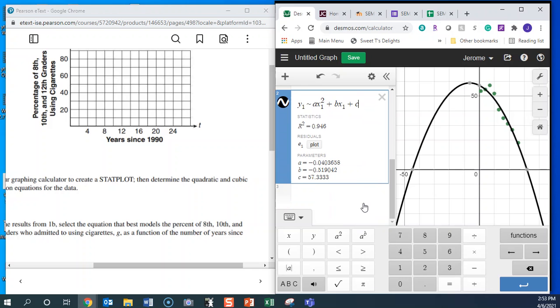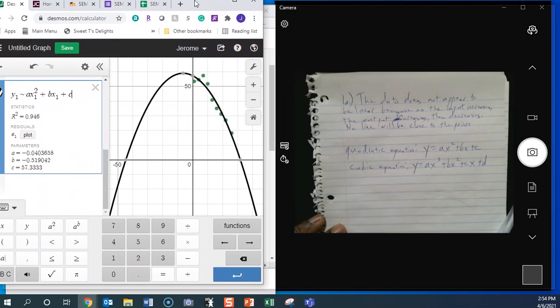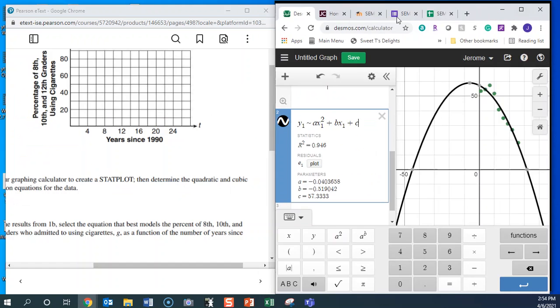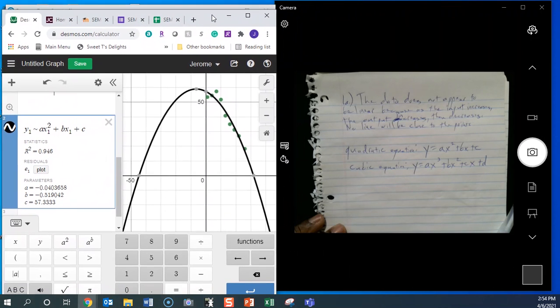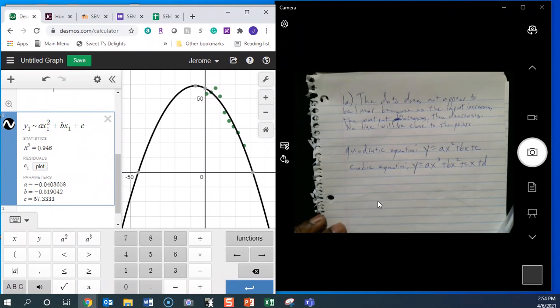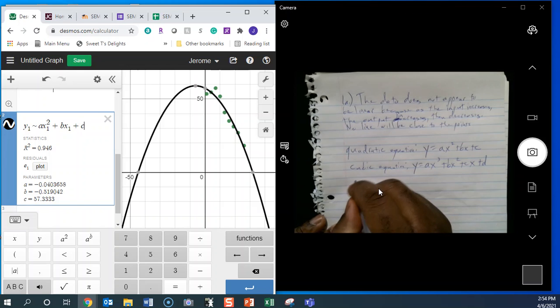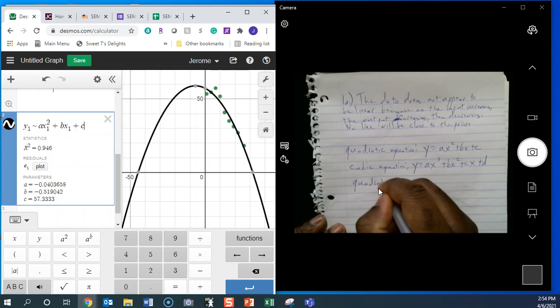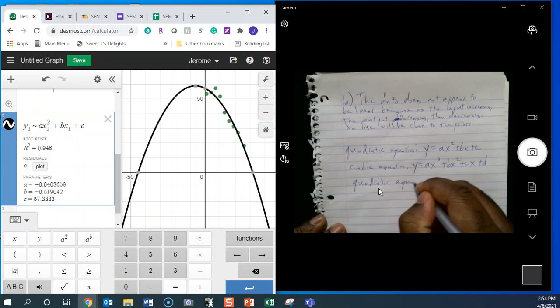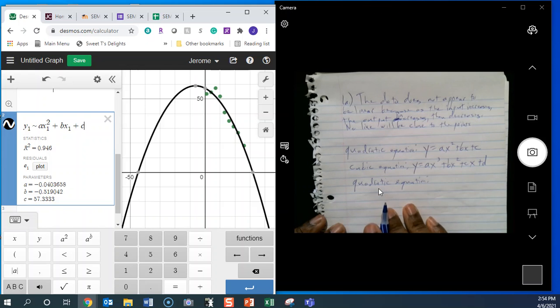Now, if you look here, for our quadratic, I should have actually left a little room here. But let me move this over here. This will make it a little easier. Okay. So for our quadratic, and we're going to round to 3 decimal places, we had a quadratic equation, y equals negative 0.04 x squared.